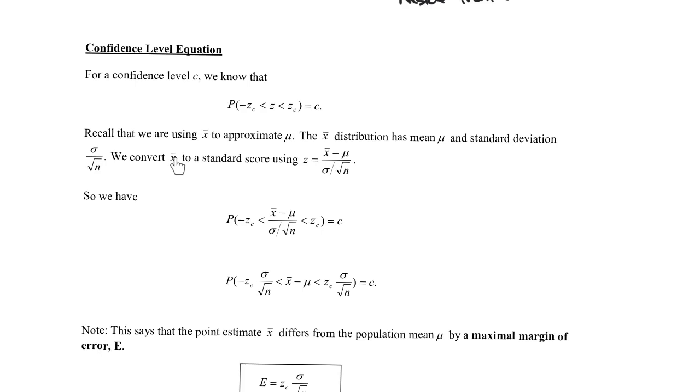So we convert x bar to a standard score, or z-score, using this formula. Again, this is the one we saw in 6.4 and 6.5. So what we can do then is swap out this z in this formula with this, which gives us what we have right here. Now, you guys know how much you hate having these complex fractions. So we're going to get rid of this fraction by multiplying all three parts of this compound inequality by this denominator.